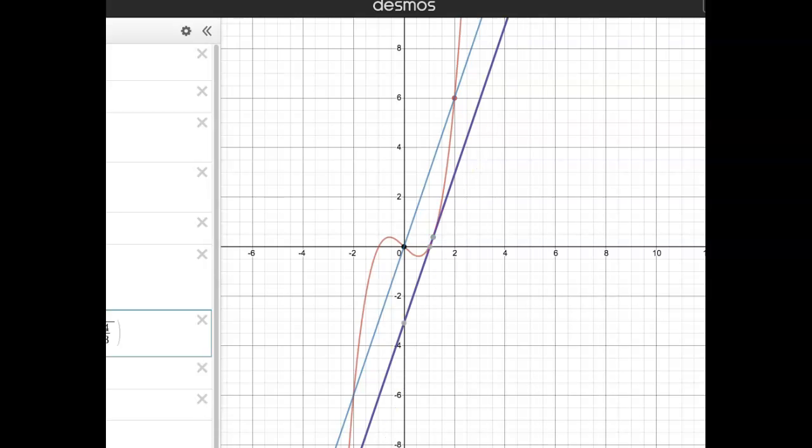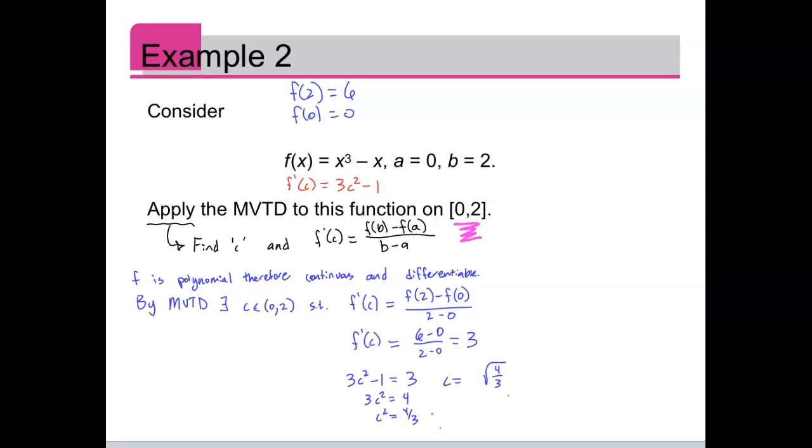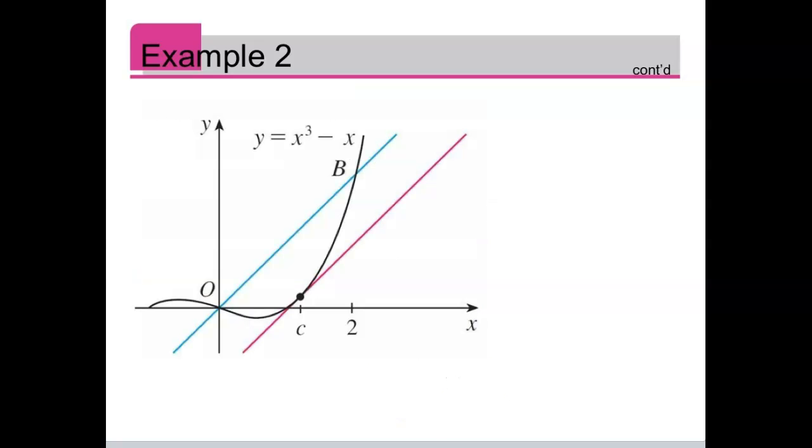There you go. So there's the tangent at that point, root 4/3, and you can pretty clearly see that it's parallel to the average slope, which is the blue line, right? All right. That's what we just did.